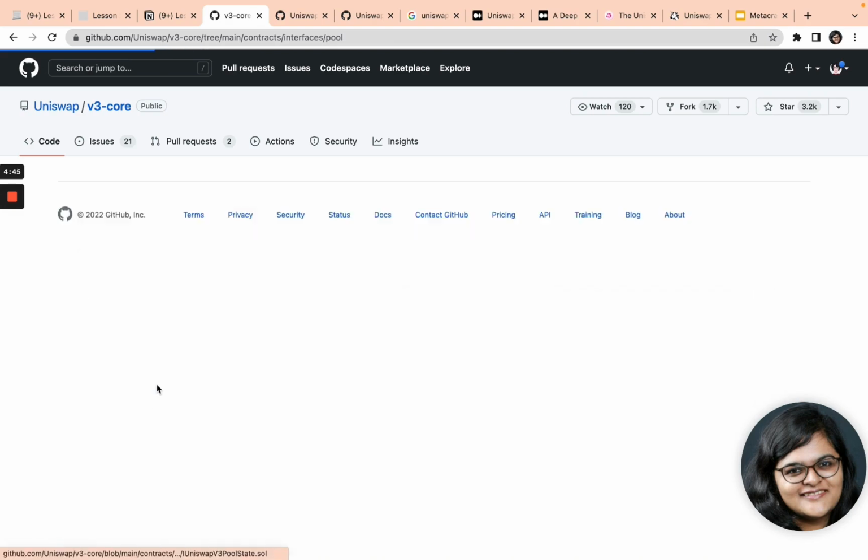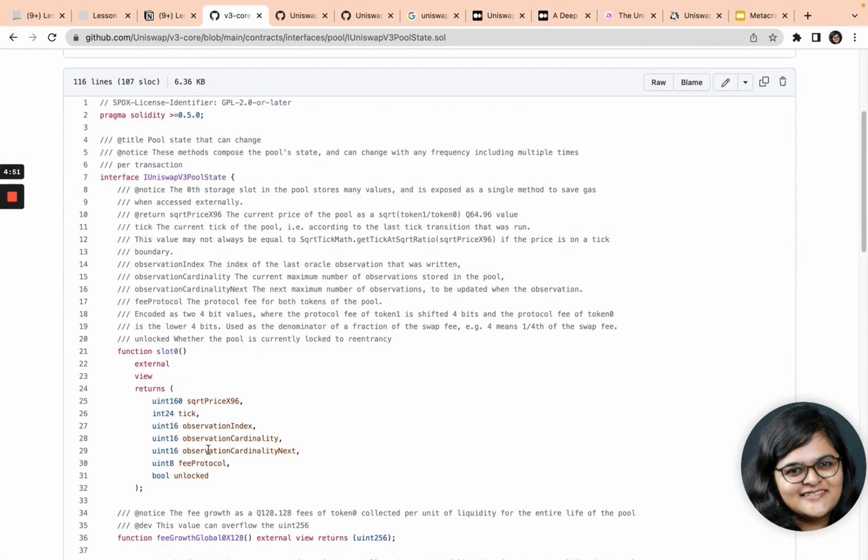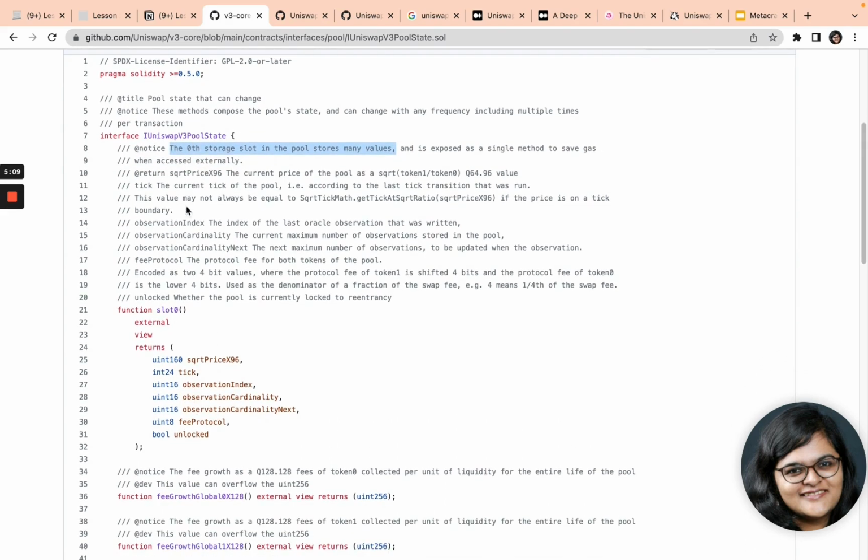But what could be interesting is the state of the pool, like, is this pool active or what is happening? So you have this slot 0. You may come across slot 0, slot 1 a lot. This is basically the zeroth storage slot in the pool, which stores many values and is exposed as a single method to save gas, right? That is the current tick of the pool and various things associated with that.